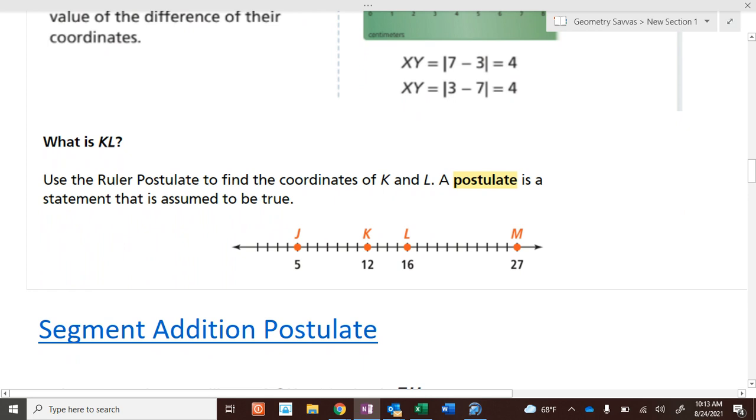Okay? All right. Next vocab word, postulate. A postulate is a statement that we assume to be true, no matter what. We assume a postulate to be true, no matter what.